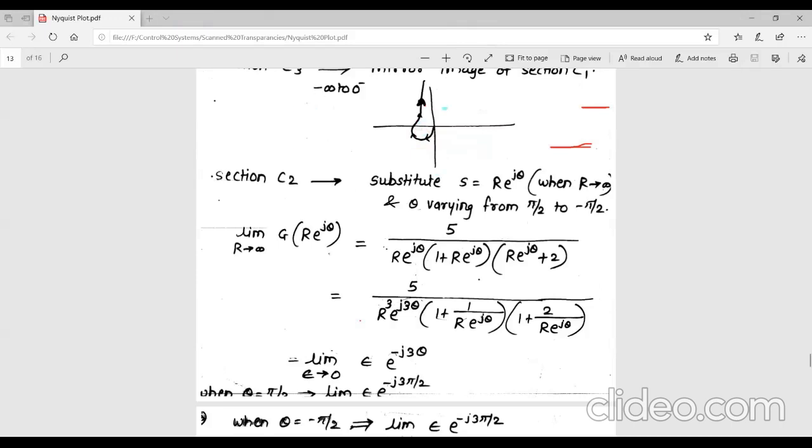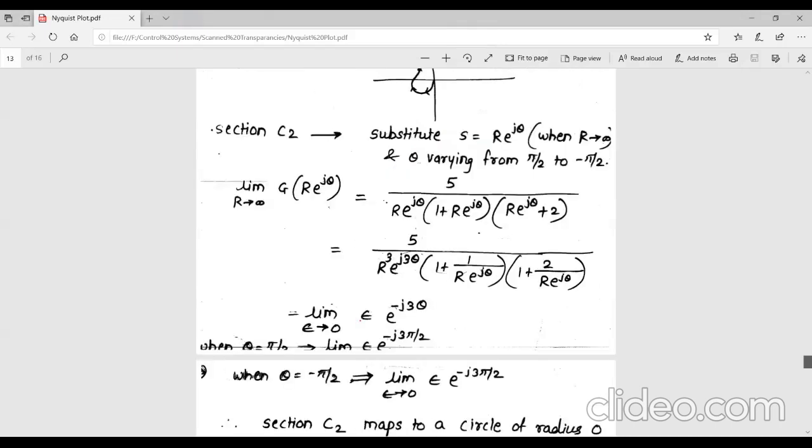So S is equal to R e raised to j theta. In the magnitude equation, we can just substitute this. Instead of S equal to j omega, now we are substituting S equal to R e raised to j theta.